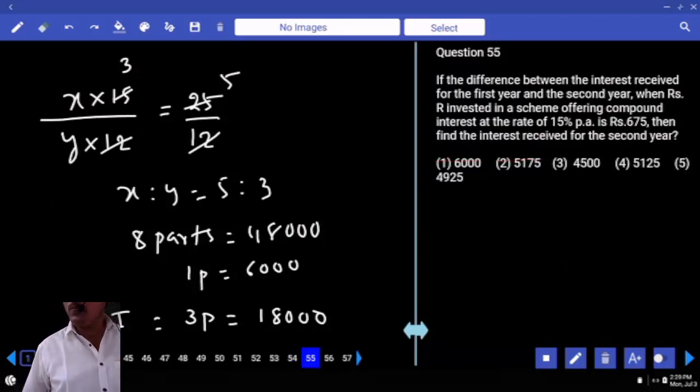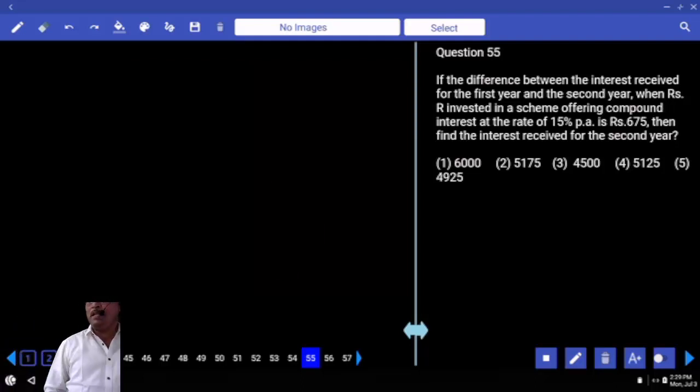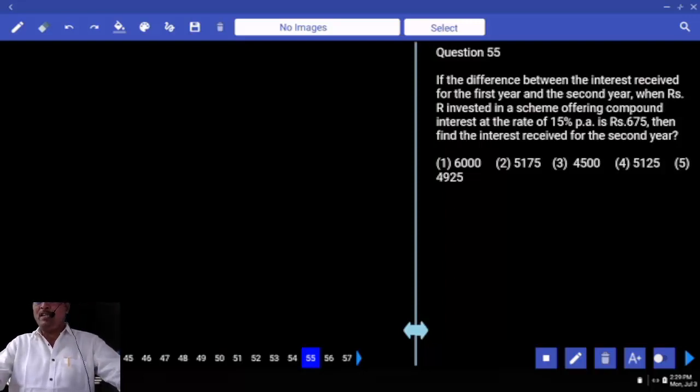55. Find the difference between the interest received for the first year and second year when R rupees are invested in a scheme offering compound interest at the rate of 15% per annum is 675.